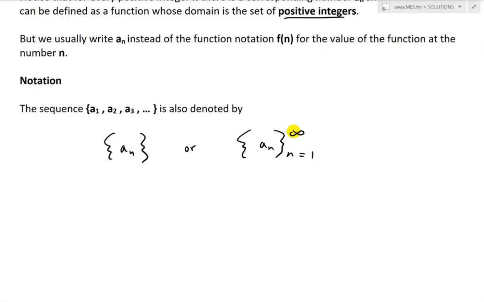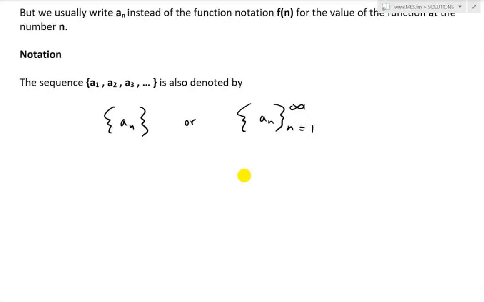This just illustrates that you're starting from 1 and going to infinity, and these are all infinite sequences that we're dealing with. For the most part in this video, if these parameters aren't included, we'll just assume they are: it starts from n equals 1 and goes all the way to infinity.